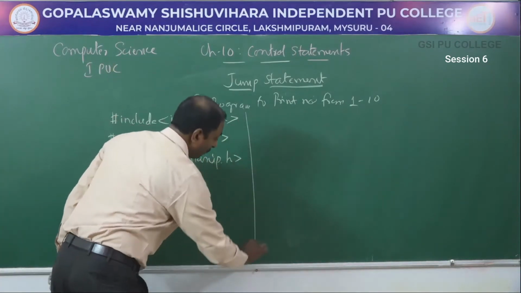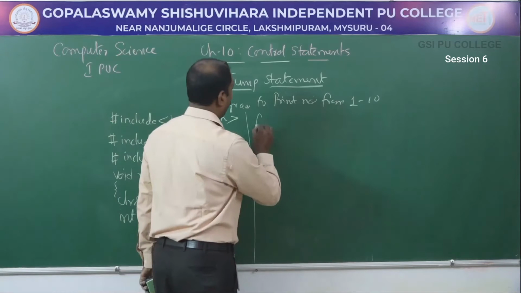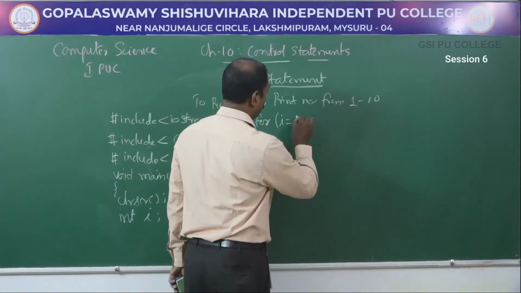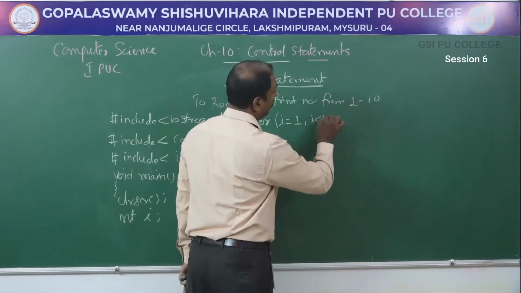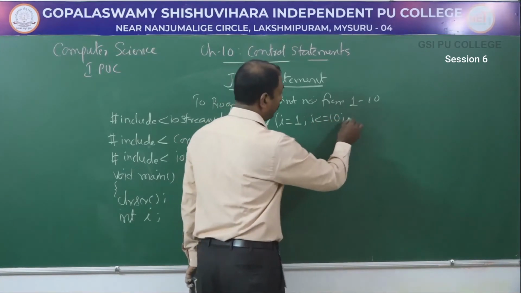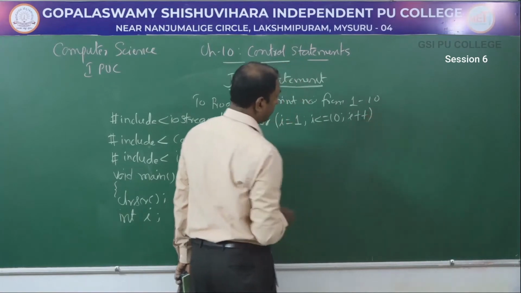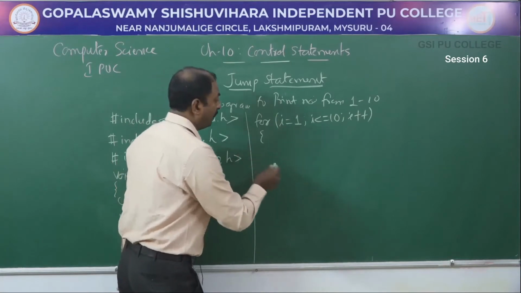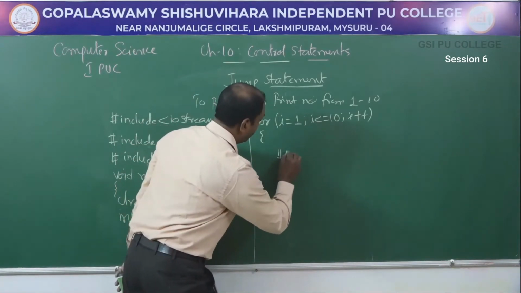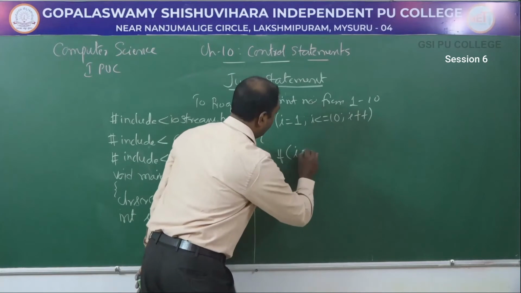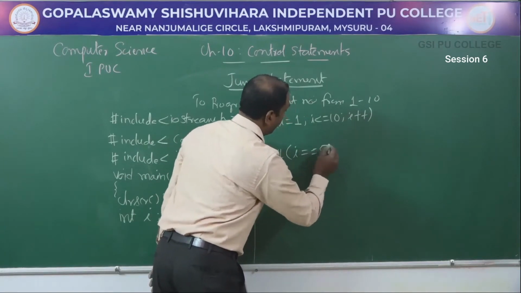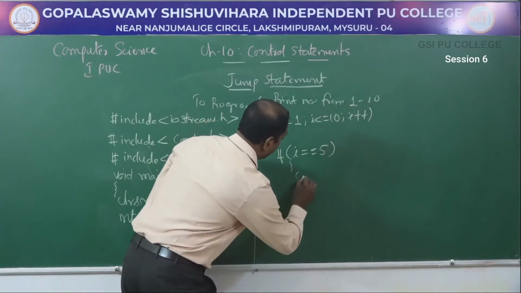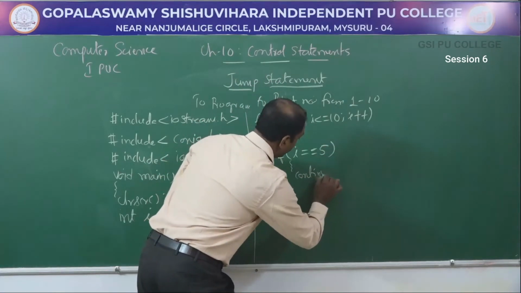Next I have to make use of a for loop: for i equals 1, semicolon, i less than or equal to 10, i plus plus. Then I open the for loop bracket. Next we are using one more if condition: if i value is equal to 5, in the condition I can write the continue statement.